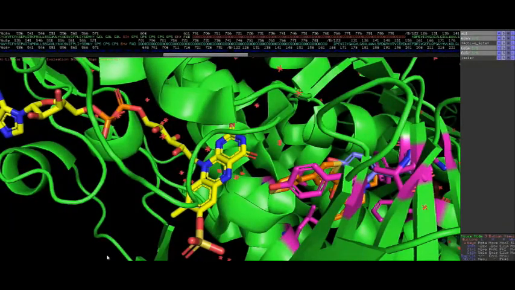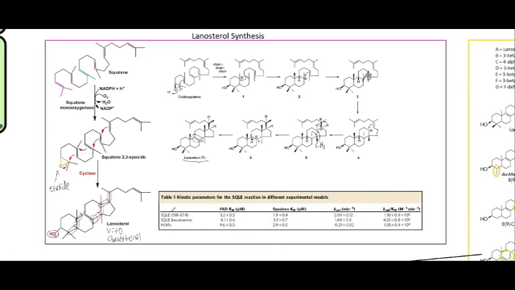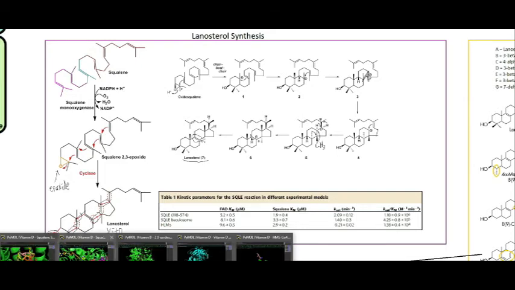So likely what is happening is the FAD is in there, and the NADPH is coming and donating its electrons to the FAD. And then the FAD is donating the electrons to the substrate, so it's just kind of a middleman in there.